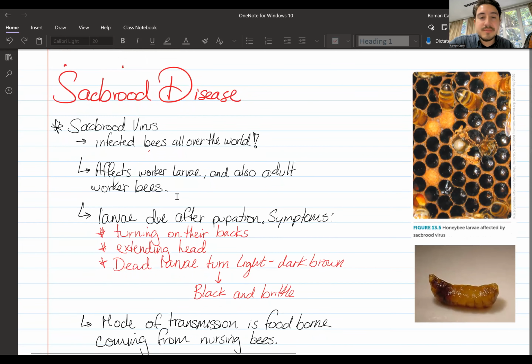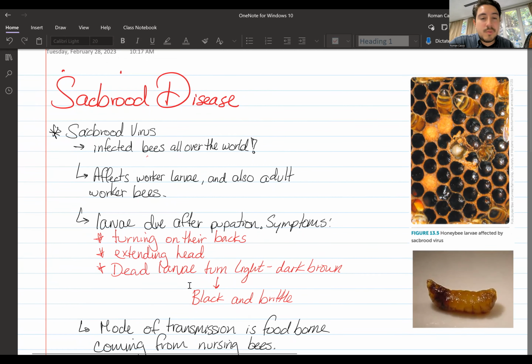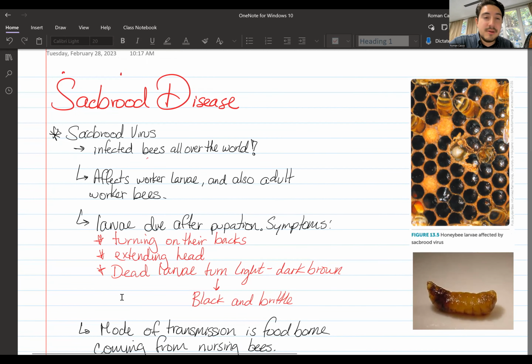And some symptoms when these bees get infected, right, is that they essentially turn upside down and they tend to extend their whole body, right? Moreover, the head portion. And what happens as a symptom, right, and as a kind of observable sign is that dead larvae, they tend to suddenly change coloration, right?